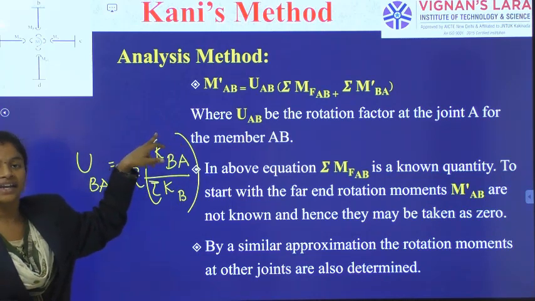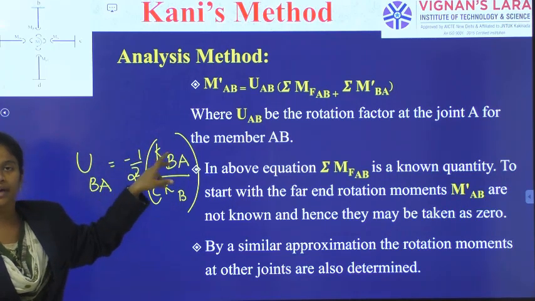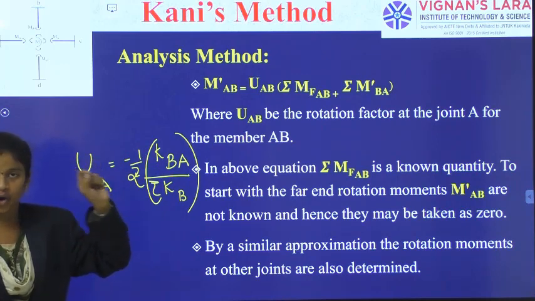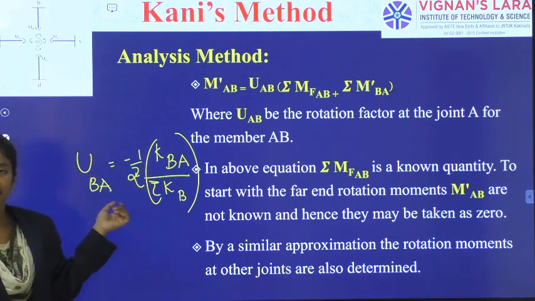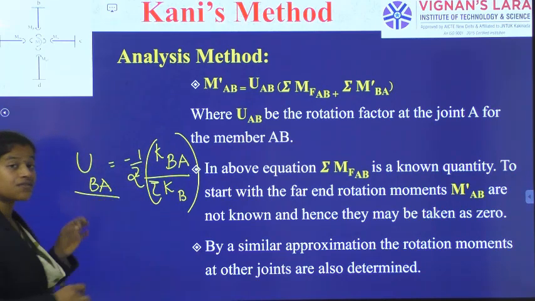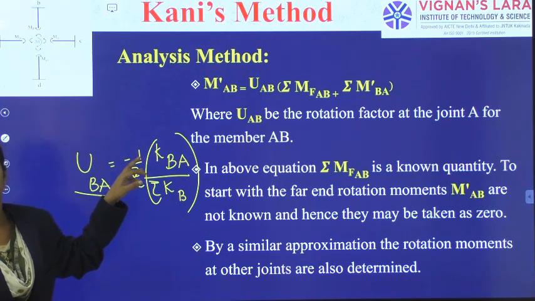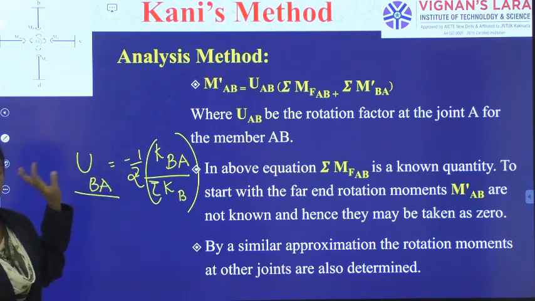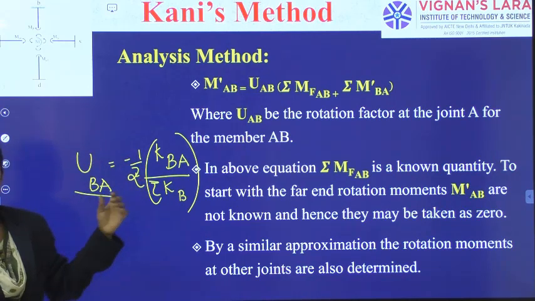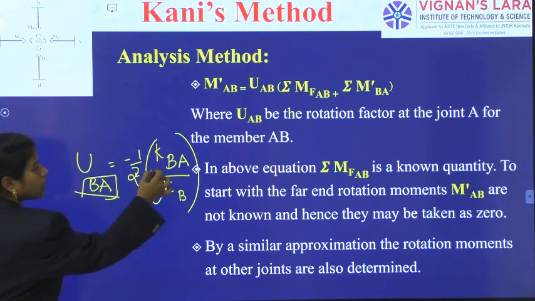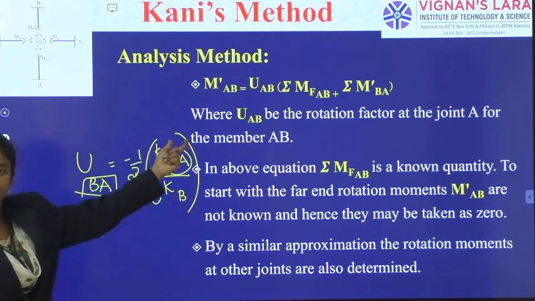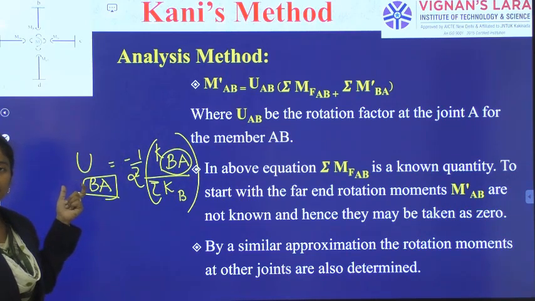This ratio gives the corresponding rotation factor, U, with the suffix indicating the corresponding member.